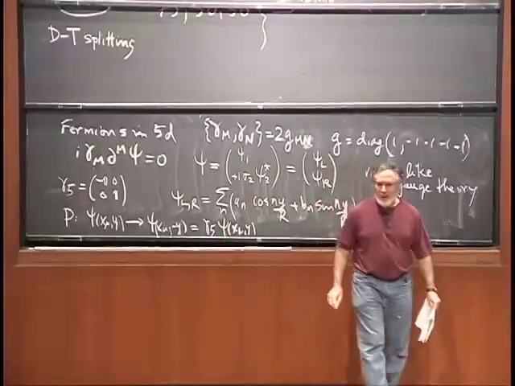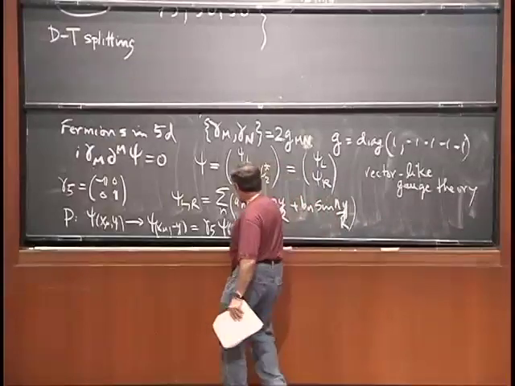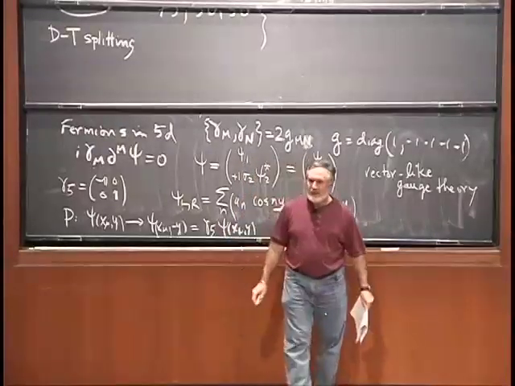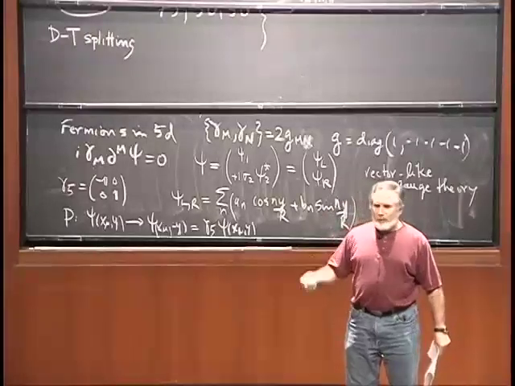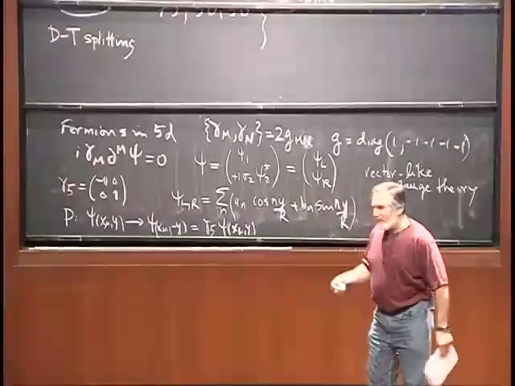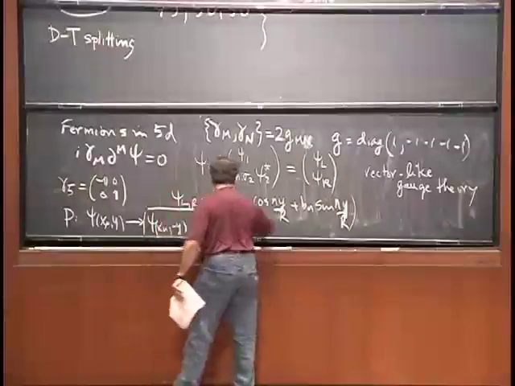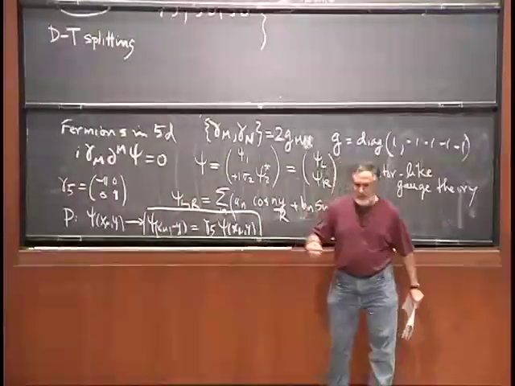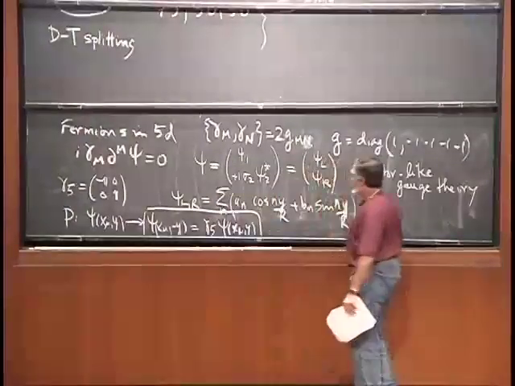Let's define our operation like this, such that under parity, we don't get back psi of x, mu, y, we get back a gamma 5 operation on it. That would be an orbifolding. We would be projecting out half of the degrees of freedom if we required the fields to satisfy this. Well, let's require the fields to satisfy this.